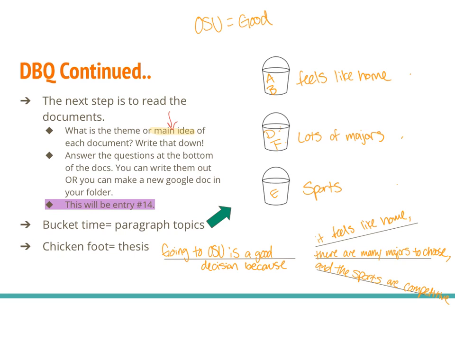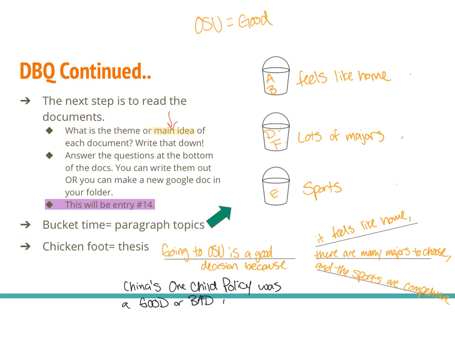Okay, so then your sentence starter for the DBQ is going to say, China's one child policy was either a good or bad. Wait, how is it worded?